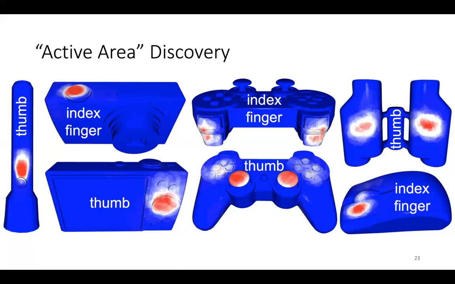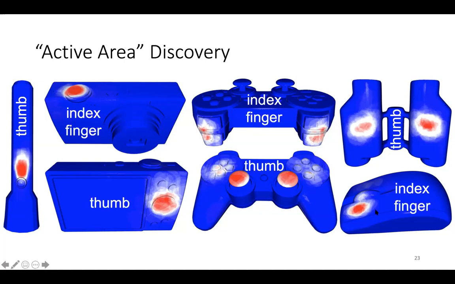Okay, and the last one, we also performed active area discovery. So this is kind of reversing that contact probability. So now we are looking at probability for various points on the object to be contacted by a particular part of the hand, and the signal is pretty strong for a reasonable set of objects.